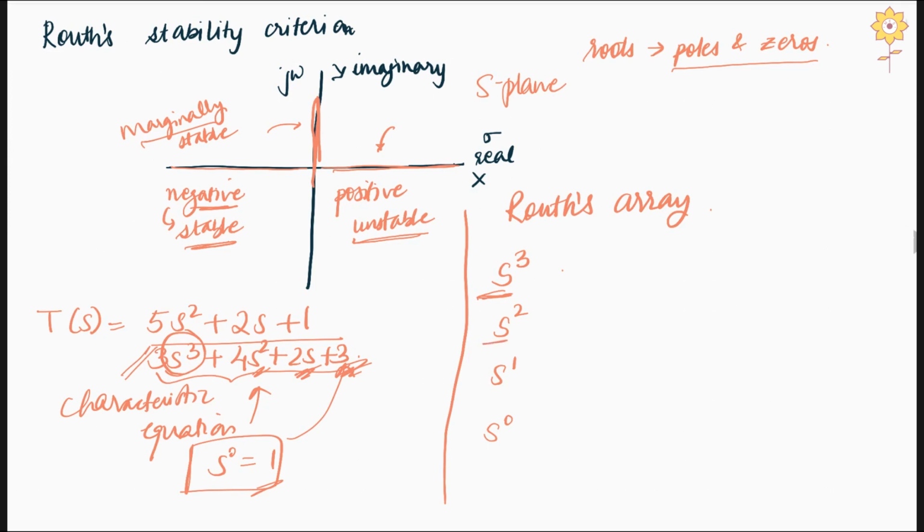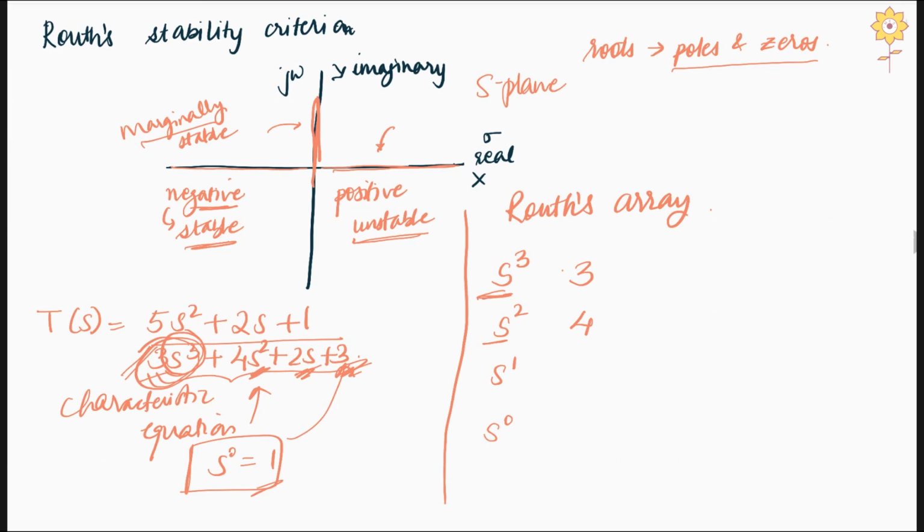Now, how do we do that? Here with s cube, we have the number 3, so we will write 3. Then with s raised to 2, we have 4, so we will write it in front of s raised to 2.